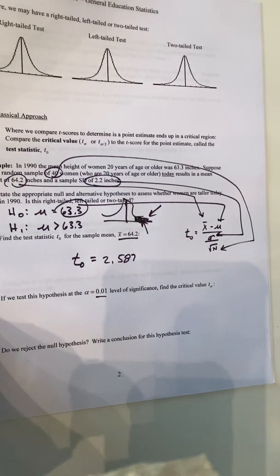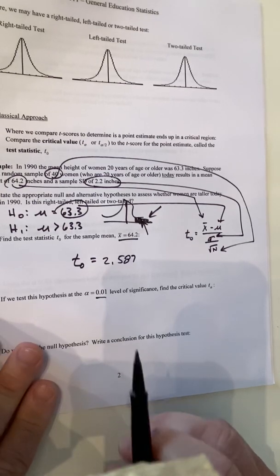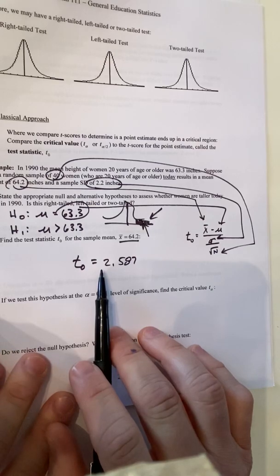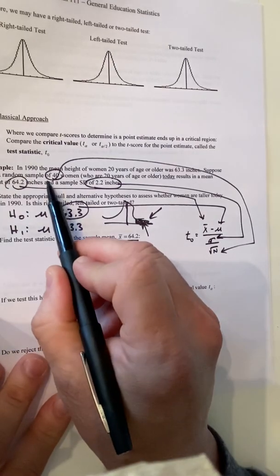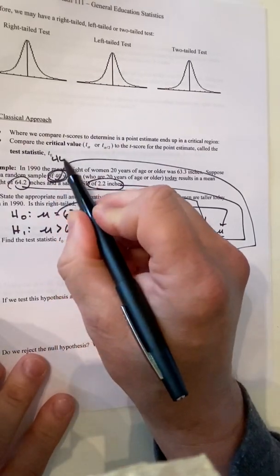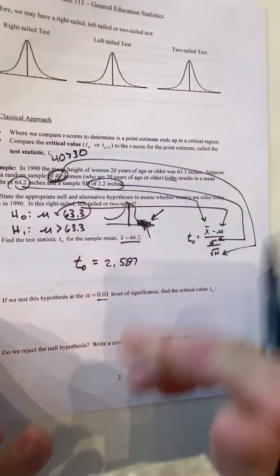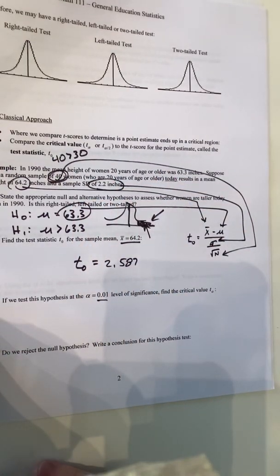I forgot, can we assume that this is a normally distributed curve? Because if we can't, then we don't even have to do the problem. How many people were selected for this? 40? Since 40 is greater than 30, we can assume normality. So I should have stated that before we even started.